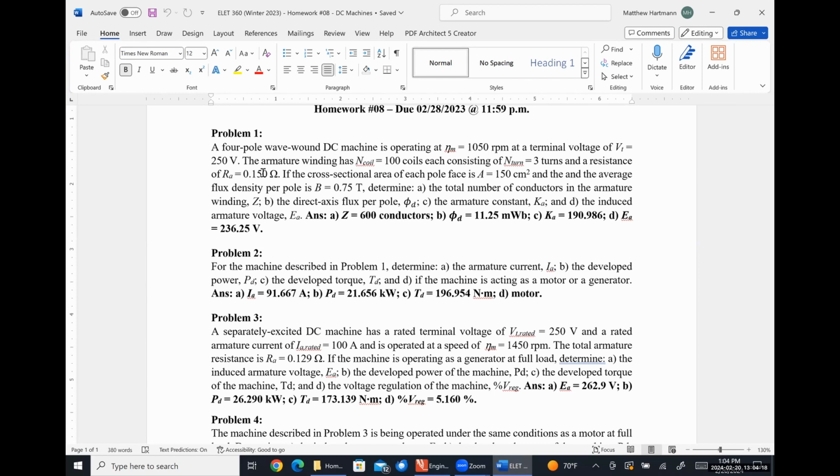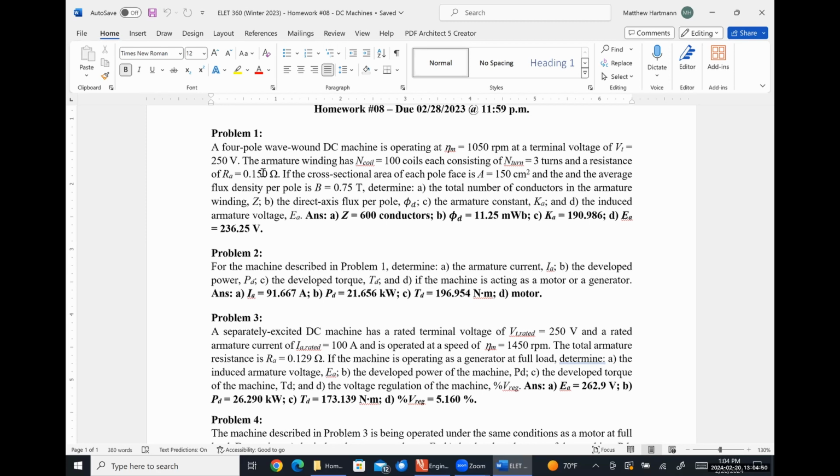Problem 2, we're asked to determine the armature current, the developed power, the developed torque, and if the machine is acting as a motor or a generator. So that might be something interesting to figure out. So let's look here. The machine is operating at a particular speed at a terminal voltage of 250.